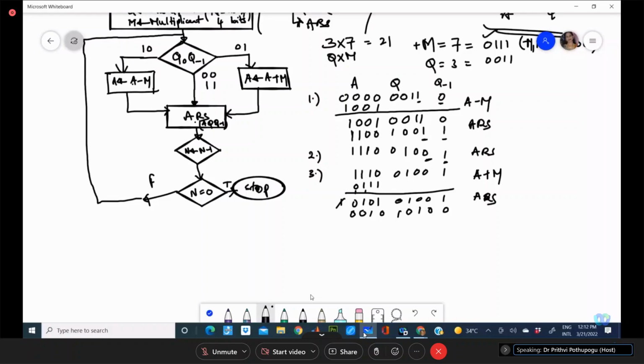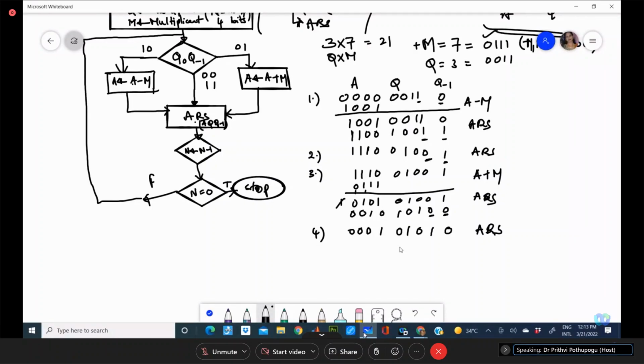So one more step is left for us now. After doing this, both are 0, 0. Both are 0, 0 means what? Just the total arithmetic right shift. So arithmetic right shift means this is 0, this is 1, this is 0, 1, 0, 1, 0, 0, 0.